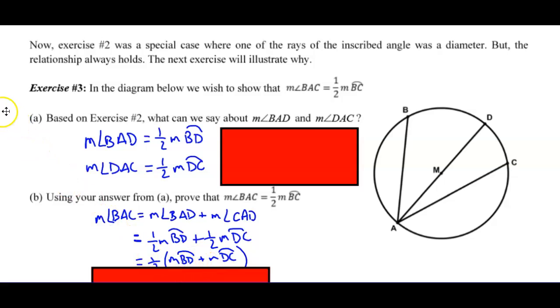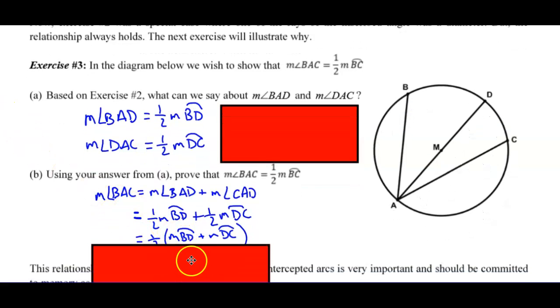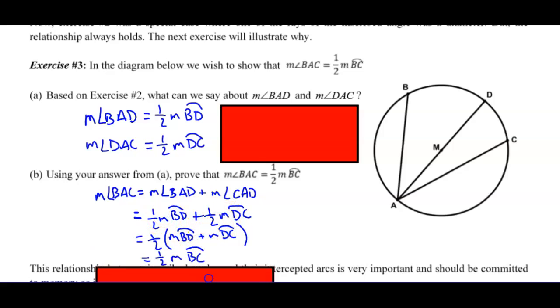And so it's equal to half of the sum, because algebra allows us to factor out common terms. And so it must be half of the whole arc, because arc BD and arc DC are adjacent. If I add them together, I get the whole arc BC. So since each of these angles was half of their arcs, the total angle must be half of the total arc. That's the way to summarize that.